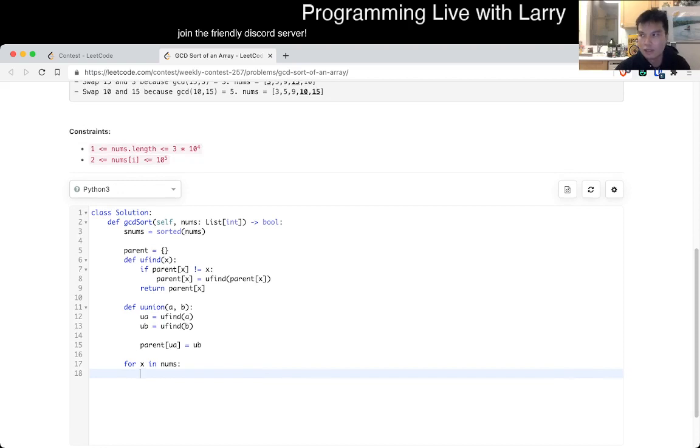So okay, 30,000 times square root of 10 to the 5th. What is square root of 10 to the 5th? I'm just using a calculator, don't worry. It's 316, so 316 times 30,000 is 9 million. Yikes. Is that fast enough?